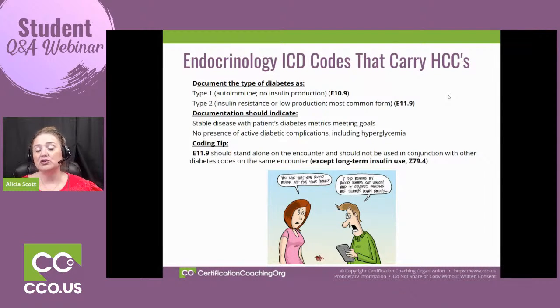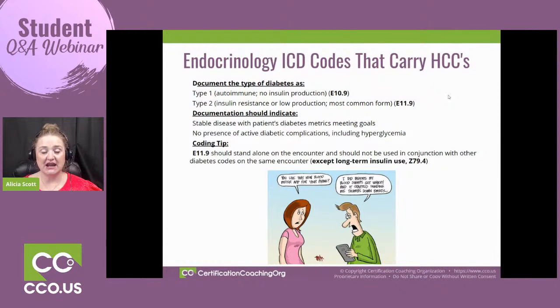When you're looking for documentation on diabetes, some verbiage that stands out that's pretty common is statements like "stable disease with patient's diabetes metrics meeting goals," right? So they've acknowledged that the patient has diabetes and they're on track. That doesn't mean they're type 1 or type 2.